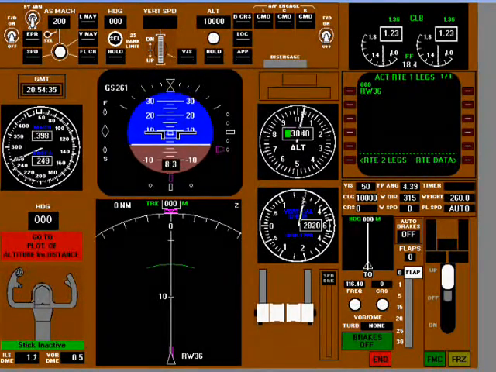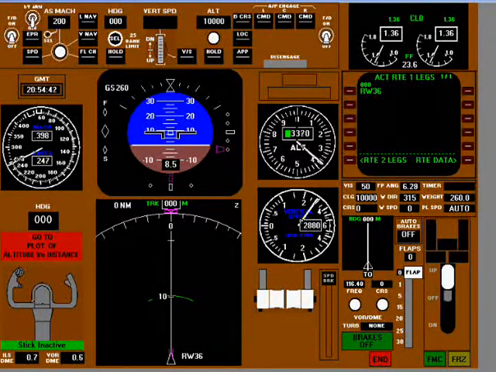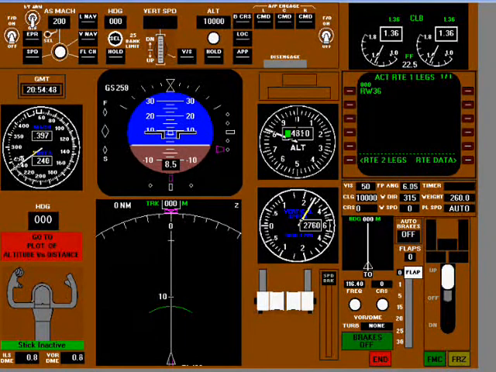We will now enter a climb, setting both pitch attitude and power at the same time. The airspeed is gradually decreasing toward its target value of 200 knots.